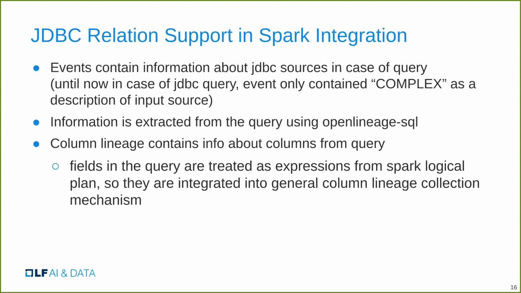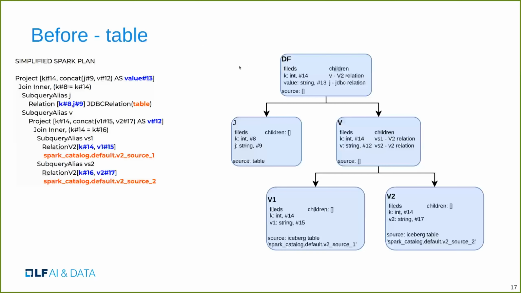Right now, I'm going to go to the next slide. So that's basically how it works if we have some Spark data frame with some operations defined. Here we have two Iceberg tables, V1 and V2, that are joined to create a V table, and the V table is joined with J, which is a JDBC source defined as a table here, and that creates the data frame.